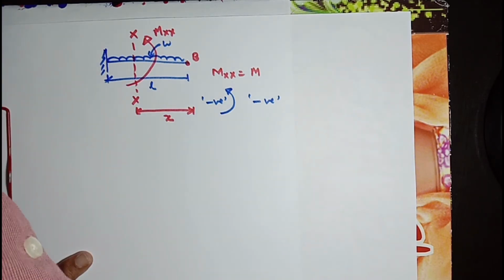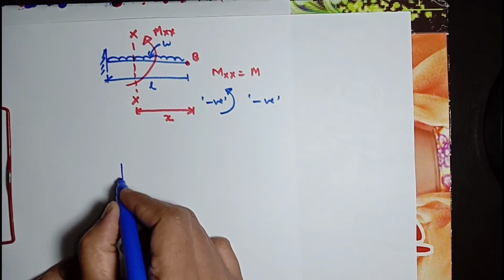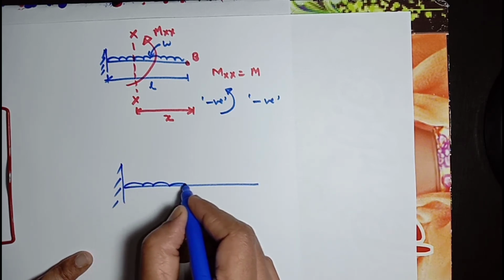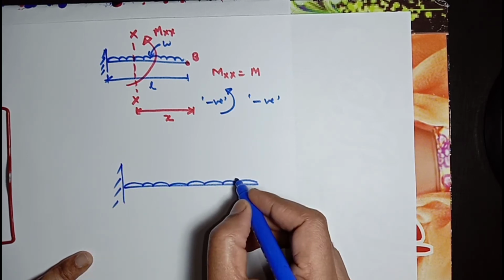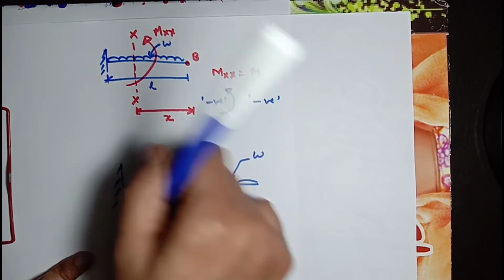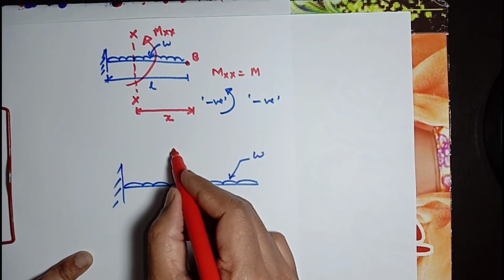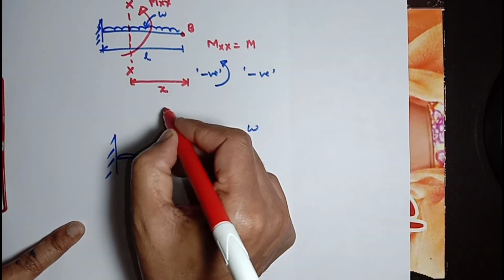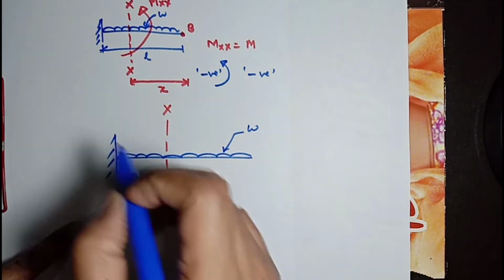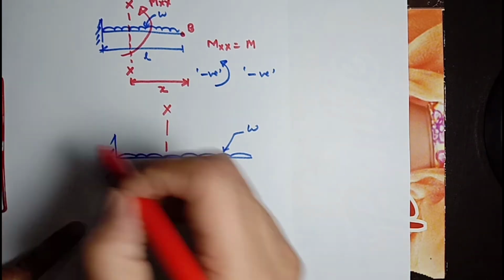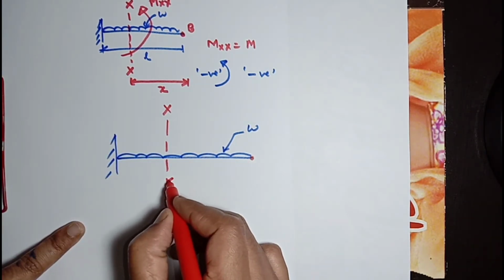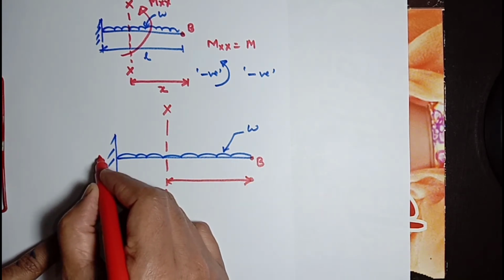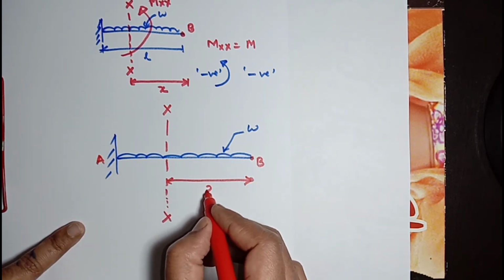Take its enlarged view, something like this. This is W. We have a section XX here, and section XX is at a distance X from point B. This is point B, this is point A.